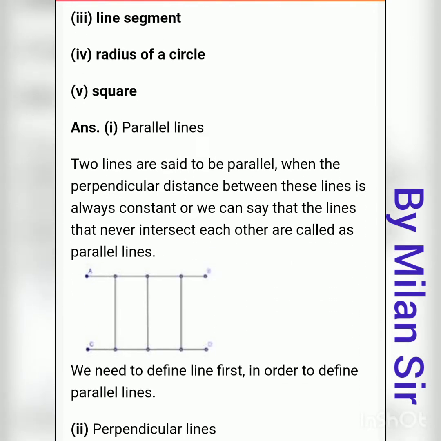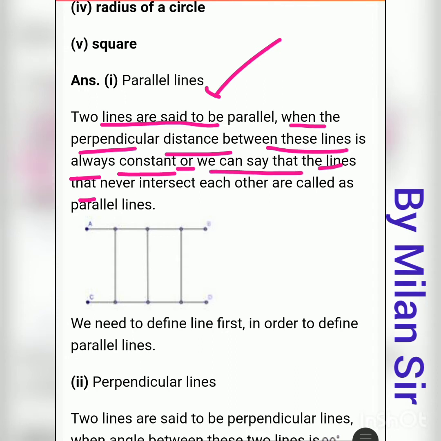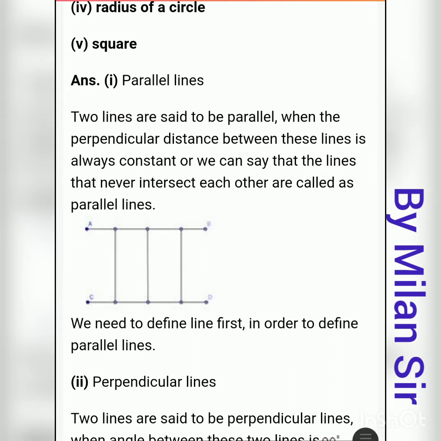So first of all, parallel lines. Now what is the definition of parallel lines? Two lines are said to be parallel when the perpendicular distance between these lines is always constant. Or we can say that the lines that never intersect each other are called parallel lines. Okay, two definitions are there. If two lines do not intersect anywhere, they are called parallel lines.